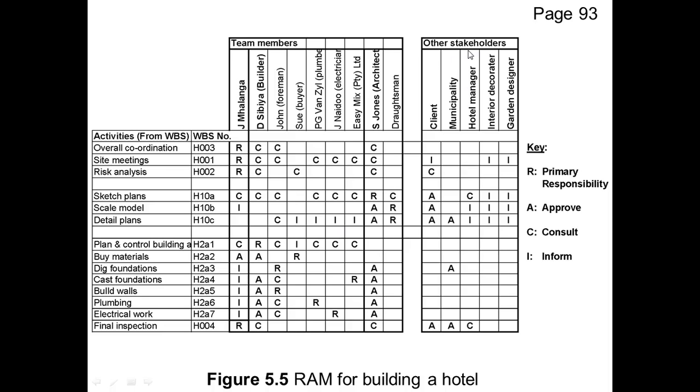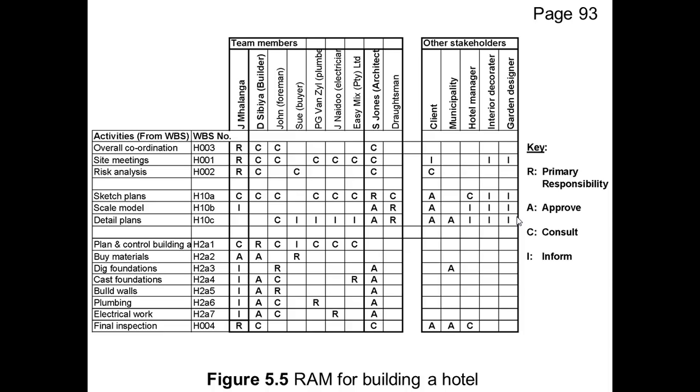On the other hand, in terms of the stakeholders, the hotel manager, the interior decorator, and the garden designer also need to be informed what the status is of the approval of the final plans, because down the line they are affected by when those plans are approved.